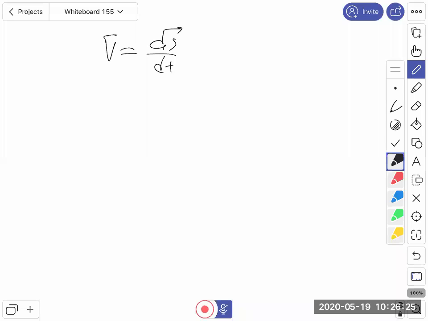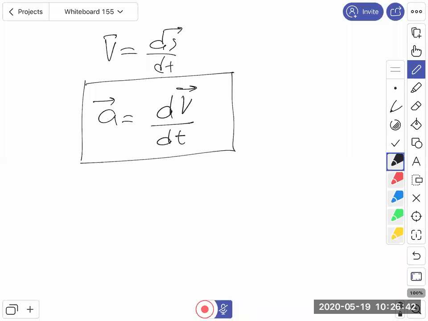Same as that, instantaneous acceleration is the change in velocity by change in time. So a small change in velocity can be represented as dv divided by dt. This gives the value of instantaneous acceleration, or you can say that if we differentiate velocity with respect to time, we'll get the value of acceleration.